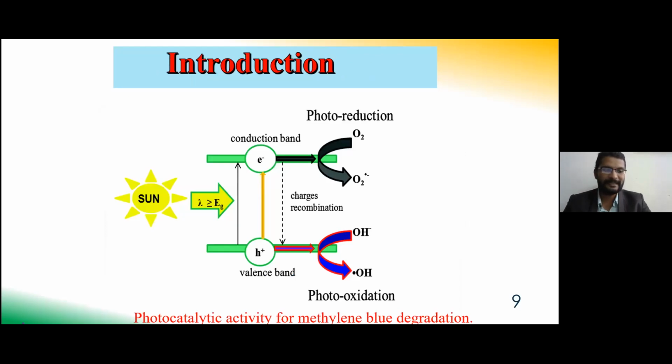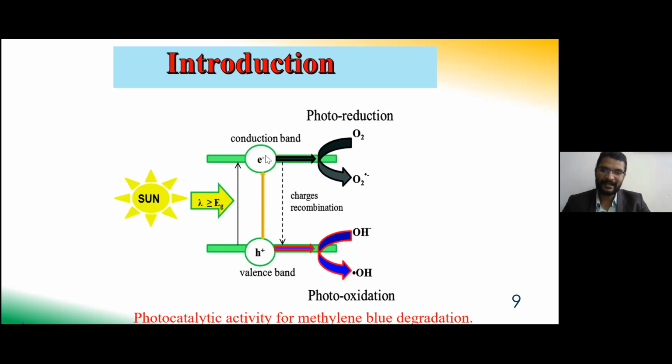Photocatalysis gives environmental stabilization and energy production with semiconducting materials like oxides and superoxides. These oxides absorb photons of light from sunlight. The photocatalyst absorbs that light and converts it into charge carriers, electrons and holes.